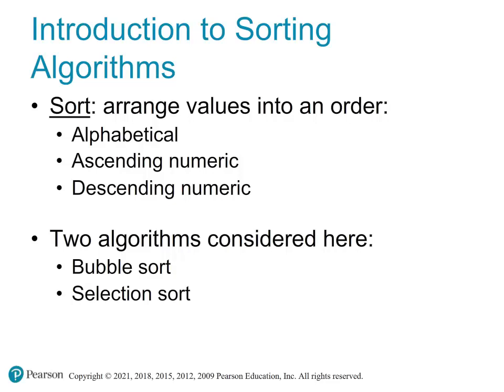We will be exploring two fundamental sorting algorithms: bubble sort, a simple but often less efficient algorithm that repeatedly swaps adjacent elements if they are in the wrong order, and selection sort, another straightforward algorithm that selects the smallest or largest element from the unsorted portion and swaps it with the first unsorted element. Both algorithms have their own set of benefits and drawbacks, which we will dive into in the following slide.